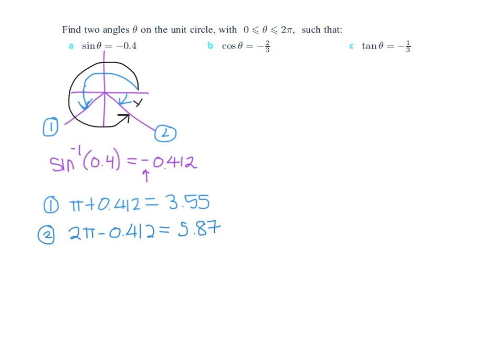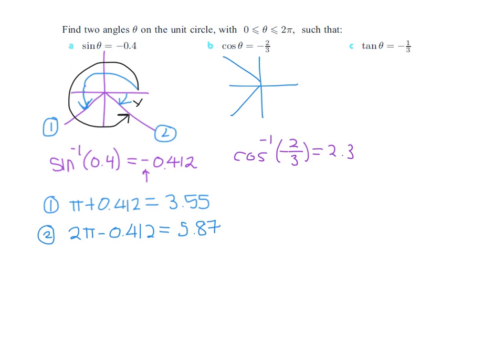For the second problem, we have cosine of theta is equal to negative 2 over 3. Cosine is negative on All Students Take Calculus. So it's negative on second and third. By plugging in the arc cosine of negative 2 over 3, we get a value of 2.3.